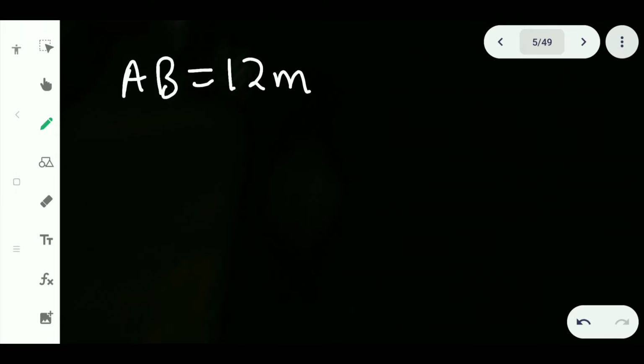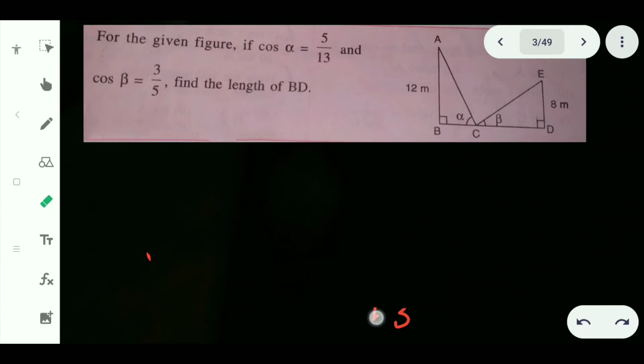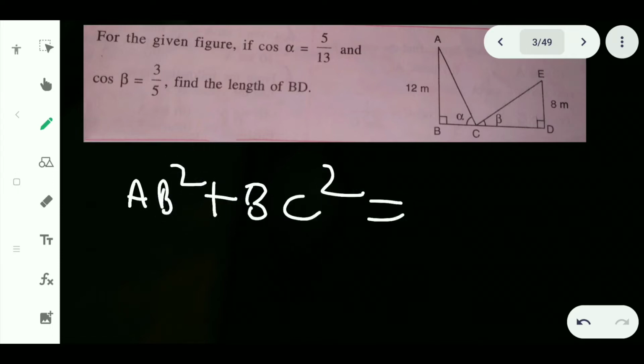So we can say that by Pythagoras theorem, as angle B is equal to 90 degree, AB square plus BC square is equal to AC square.